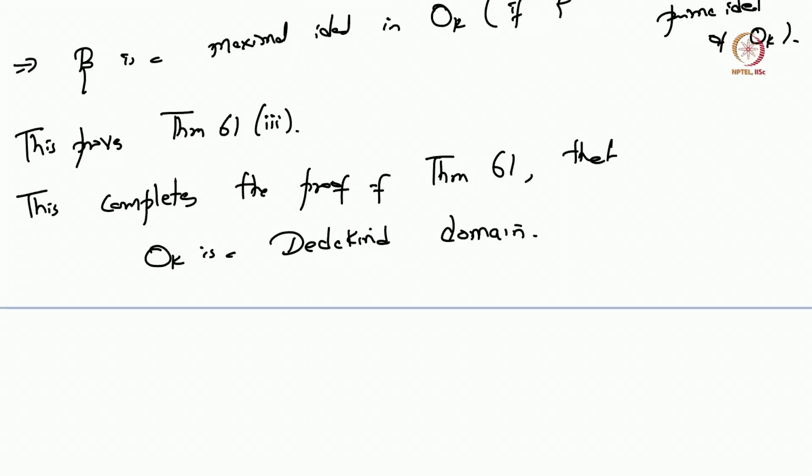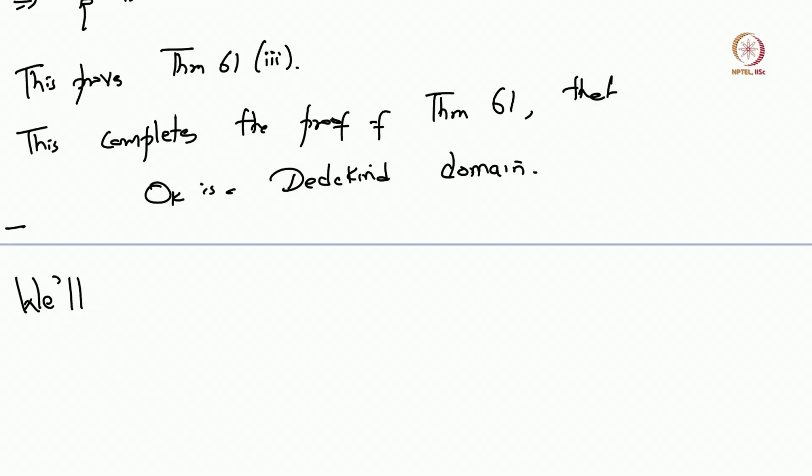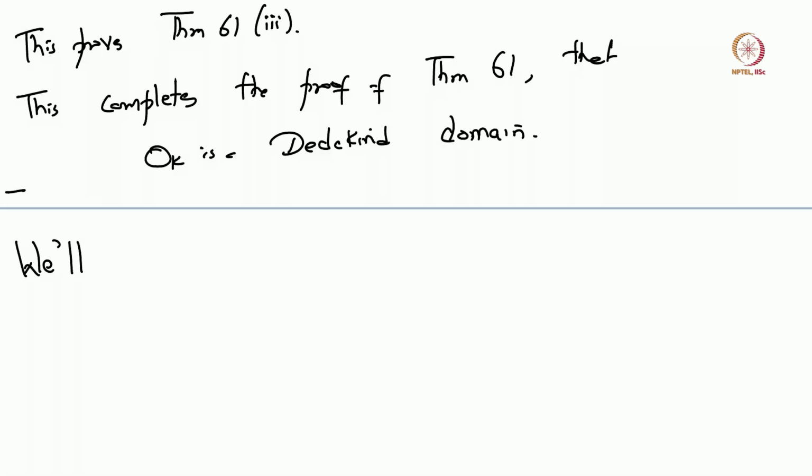Okay, so I'll end this lecture by stating but not proving the structure theorem for finitely generated modules over Dedekind domains. So if you've taken a course in abstract algebra involving ring theory and module theory, you've seen the structure theorem for finitely generated modules over PIDs. So what I'm about to state is a generalization of that, but unfortunately we don't have time to go over the proof, so I'll just give the statement.